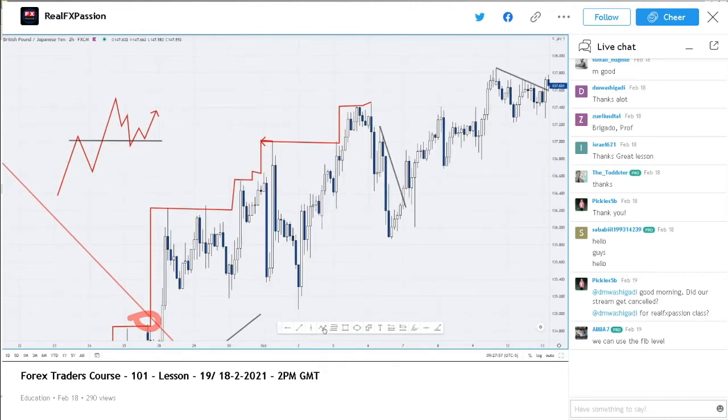Now, what about this reaction, everybody? Did this market react to this past support? What would you say? Did the market react to this past level of past support in here? Reaction?